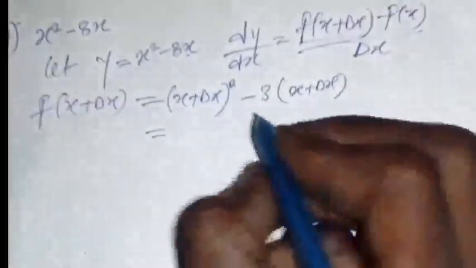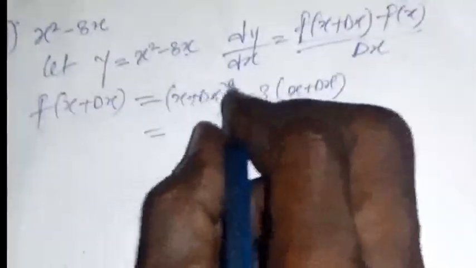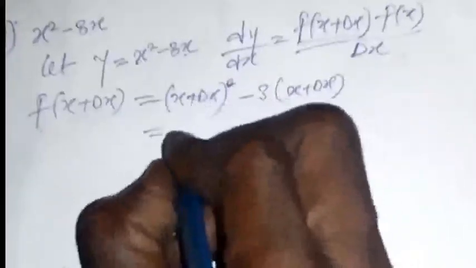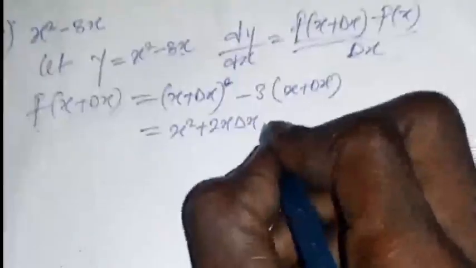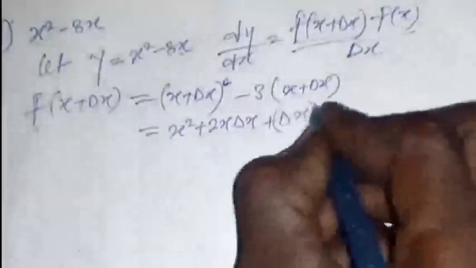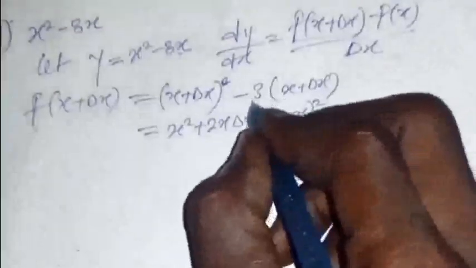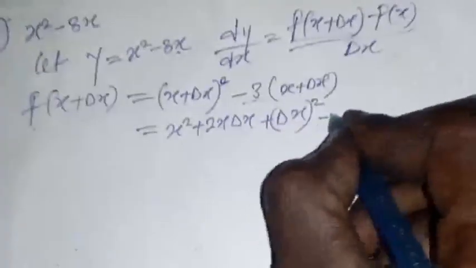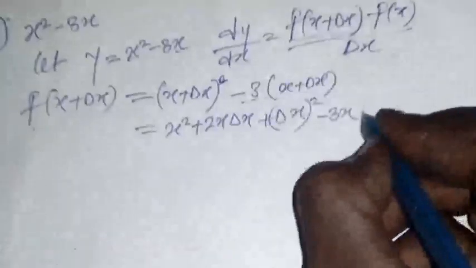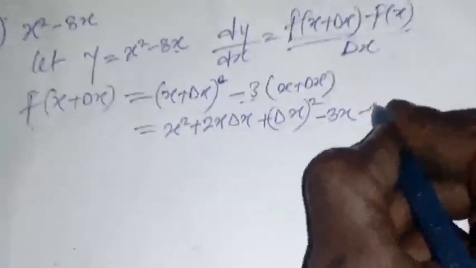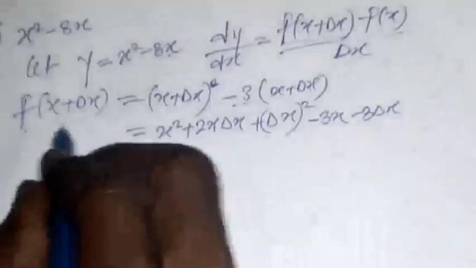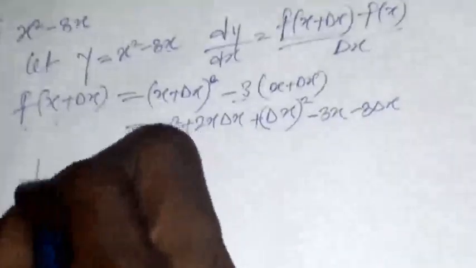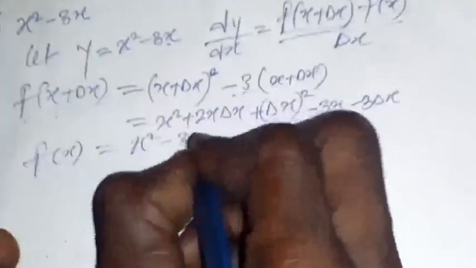When we simplify this, as we expand the square, we are going to have x squared plus 2x delta x plus delta x squared. Then we expand this bracket also, minus 3 times x, minus 3x, minus 3 times plus delta x, minus 3 delta x. This is the evaluation of function of x plus delta x. Then our function of x is equal to the function given, x squared minus 3x.